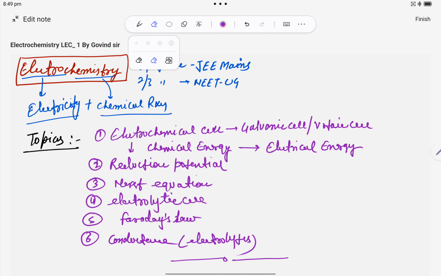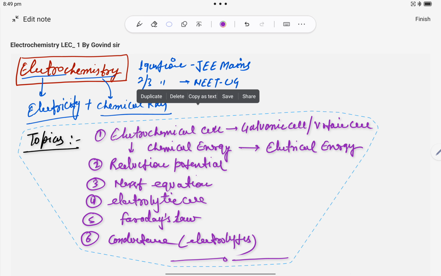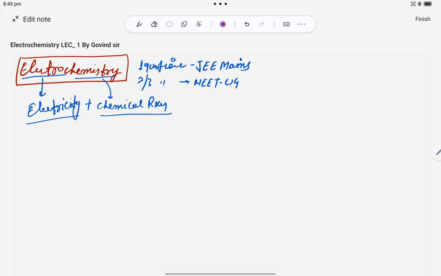It's a simple thing, only topics we discuss. Now I am erasing. So here, children, why was this electrochemical cell concept developed? What is the basic thing behind the electrochemical cell?